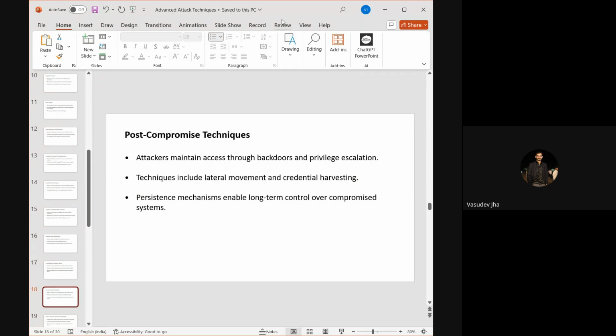Then we have some post-compromise techniques. Attackers maintain access through backdoors and privilege escalation. So what are post-compromise techniques? This is usually happening. For example, if my target is any XYZ organization, I will perform a simple attack which will be found and stopped. By that time, we are just keeping a simple backdoor or a simple malware.